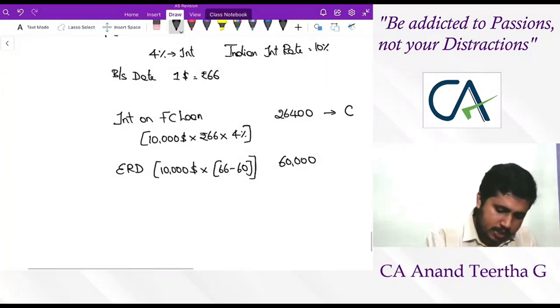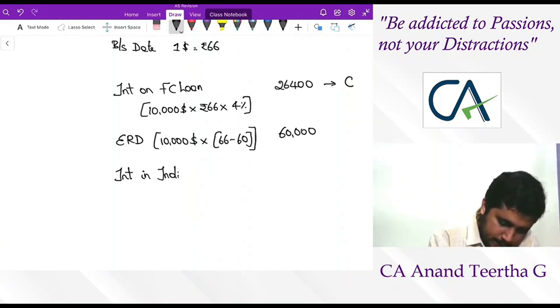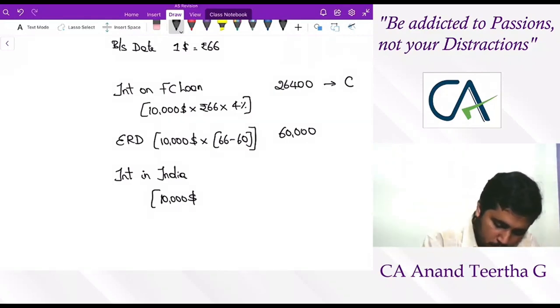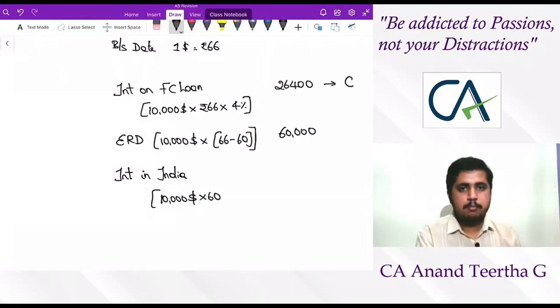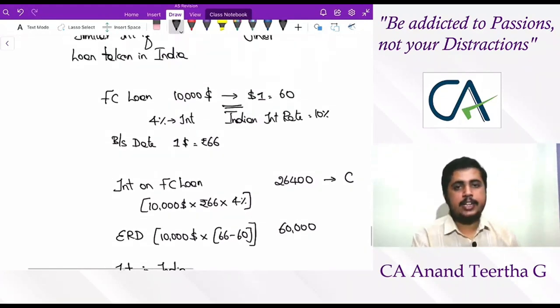Okay. Now, just look into it. Suppose interest was supposed to be paid in India, how much interest would we have paid? It would have been $10,000. If it was borrowed in India, at what rate would you have borrowed it? 60 rupees, because on the date of taking the loan, the exchange rate is 60.